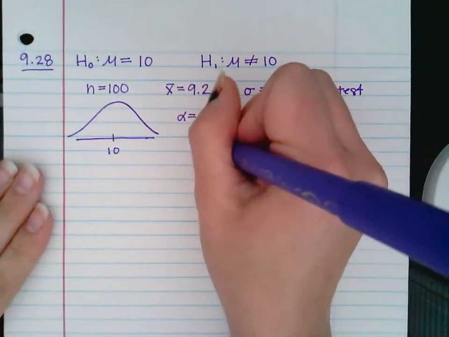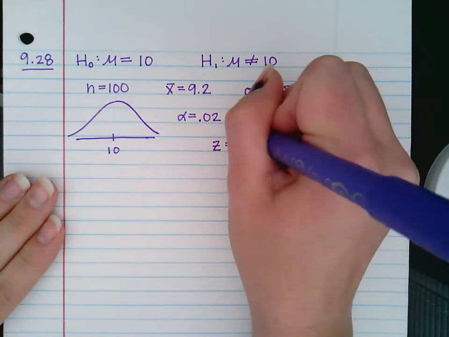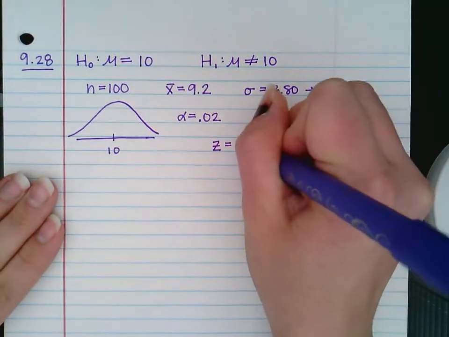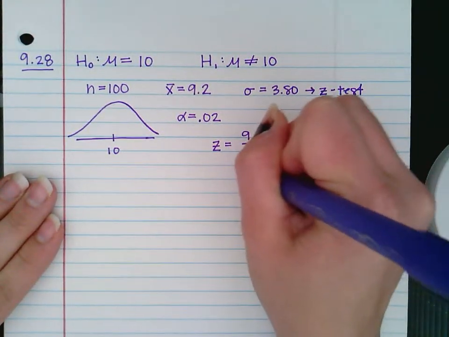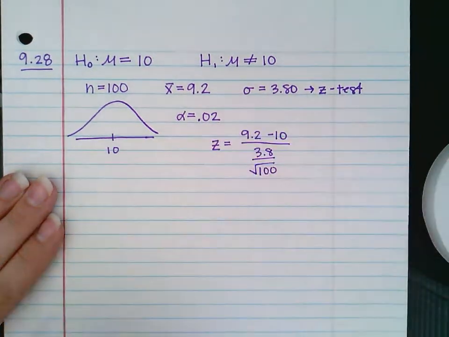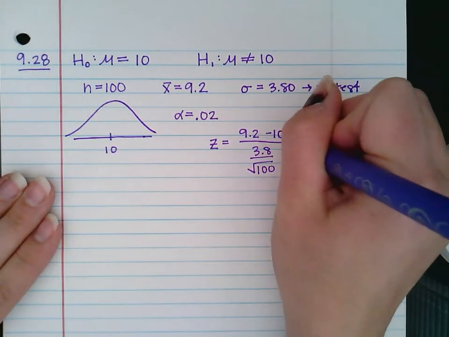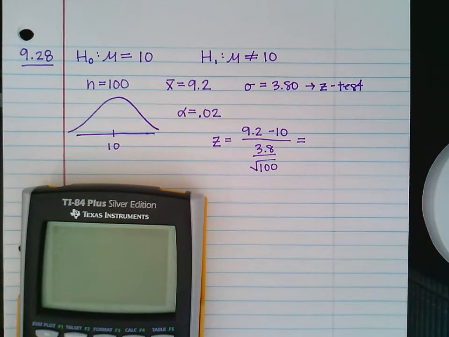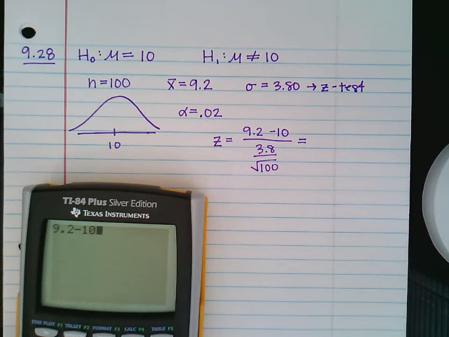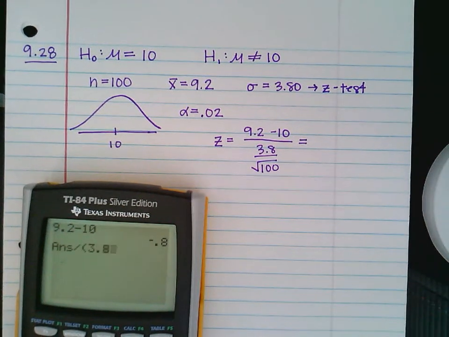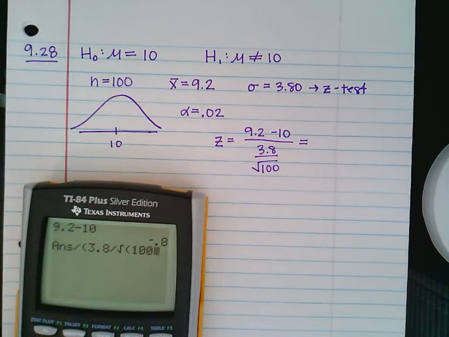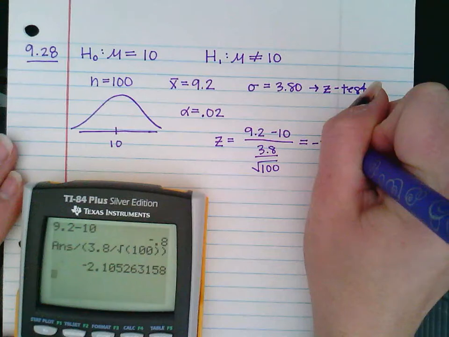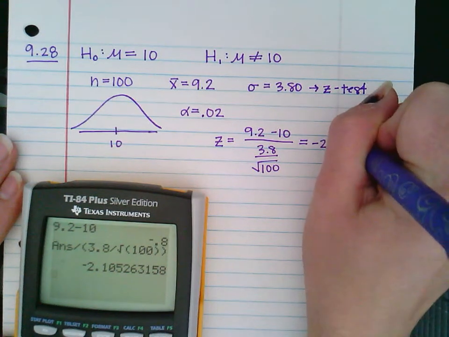All right, so our z we would calculate by doing 9.2 minus 10 all over standard deviation over square root of n. And so if we plug that into our calculator, we get a z-score of negative 2.105.